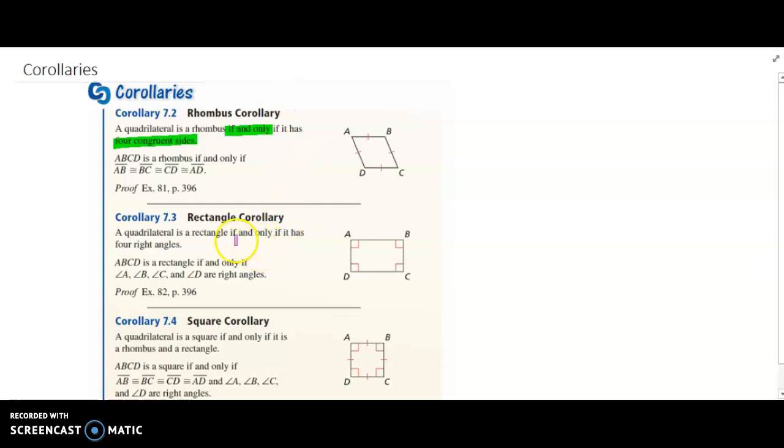The rectangle corollary: a quadrilateral is a rectangle if and only if it has 4 right angles. And the square corollary: it is a square if and only if it is a rhombus and a rectangle. So it has 4 congruent sides and 4 congruent angles.